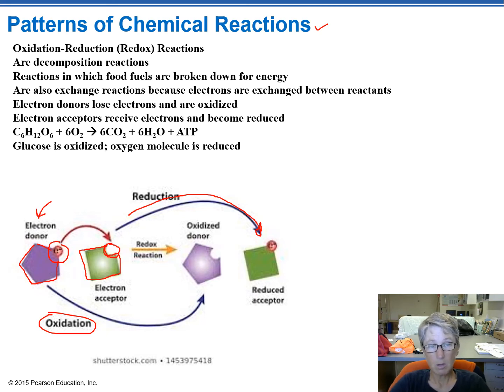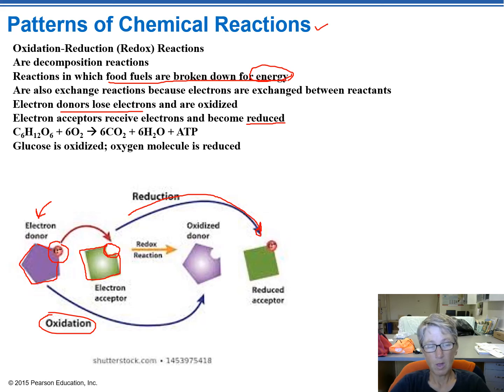Oxidation reduction reactions are reactions where food fuels are broken down for energy, and every time you see energy, just be thinking of electrons and ATP. Electron donors lose their electrons. We went over that, and they become oxidized. The electron acceptors receive electrons, and they become reduced.